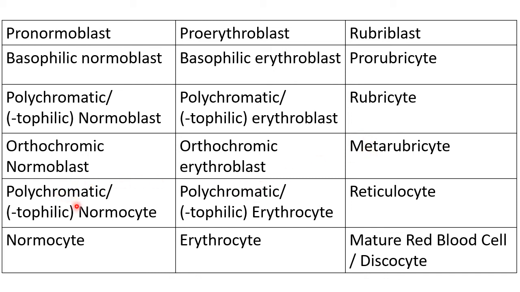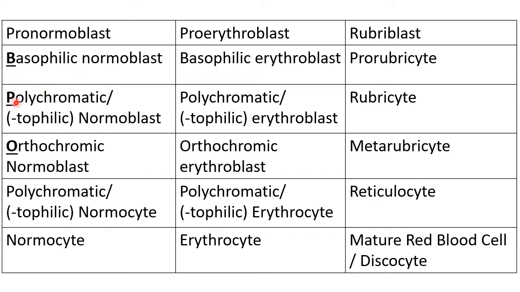Polychromatic o polychromatophilic erythrocyte na tayo. Kamukha niya ang name nito, right? Pero dito, erythrocyte kasi pa-next stage na siya. Then, dito, reticulocyte. Then, last, ang mga other names for erythrocyte, either mature RBC or discocyte. So, wag lang kayo magpapalito dito sa second to fourth stage.